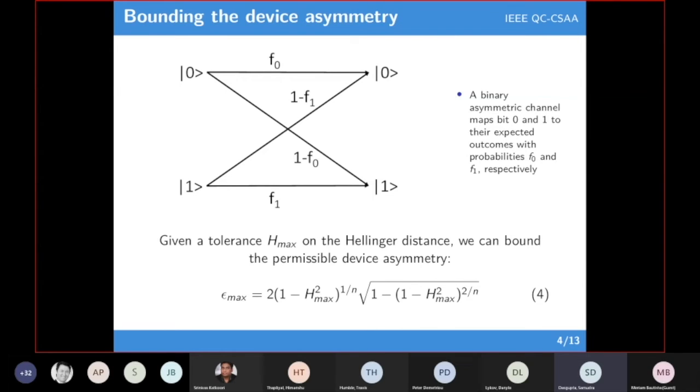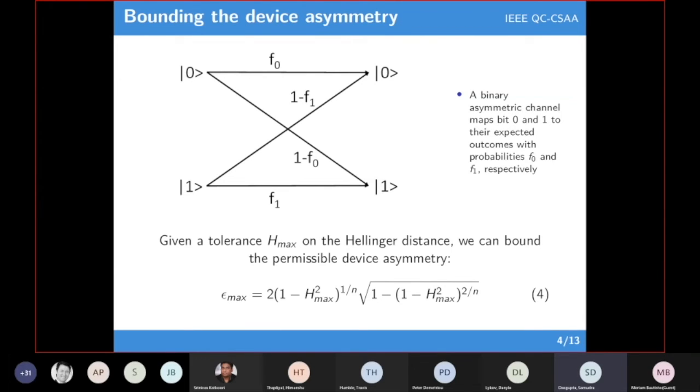So using this model, we are able to derive a bound for the fidelity asymmetry, which is given in equation 4. I'm not going into the derivation of this bound, but the significance of equation 4 is that the model we have built claims that if your device asymmetry exceeds a threshold, which we called epsilon max, then the experiment will likely be irreproducible.